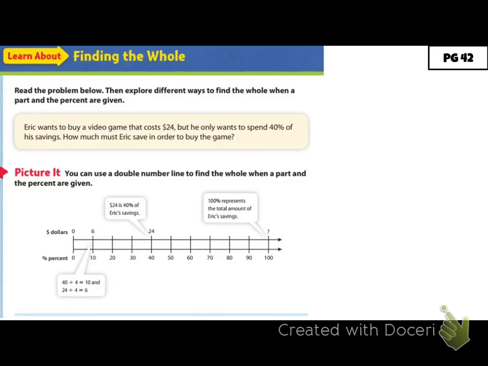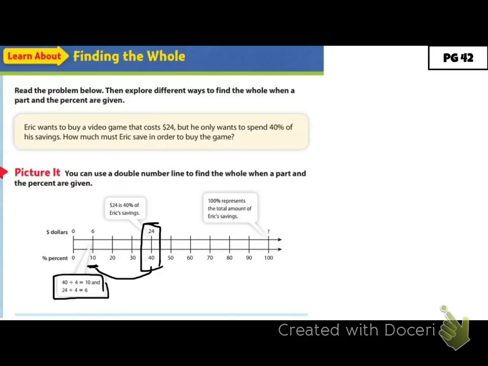You see in this model right here, $24 is 40%. To find 10%, you have to divide 40, and it tells you this in this box right here. 40 divided by 4 is 10. So this would be 10.